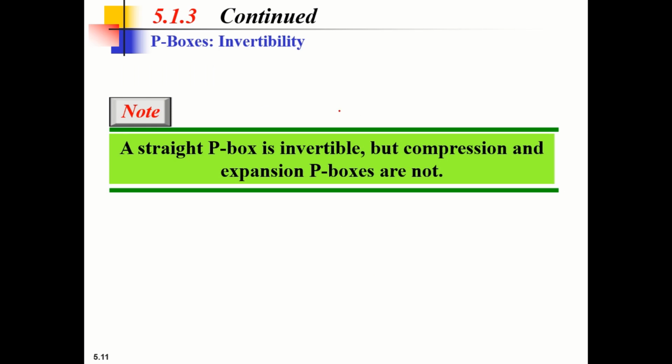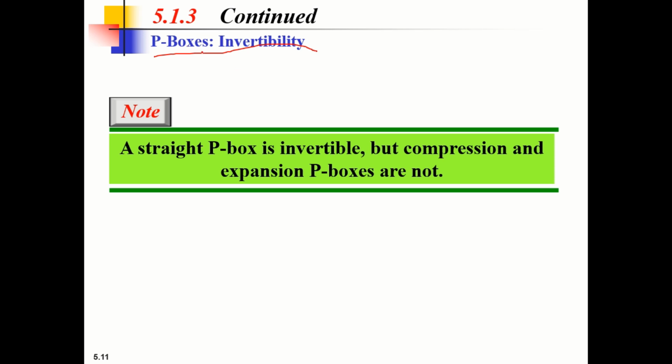Next, we'll discuss the invertibility of P boxes, because at the decrypting end, we make use of the inverse of the key. Whether it is an addition operation or a multiplication operation, we make use of the inverse of the key.